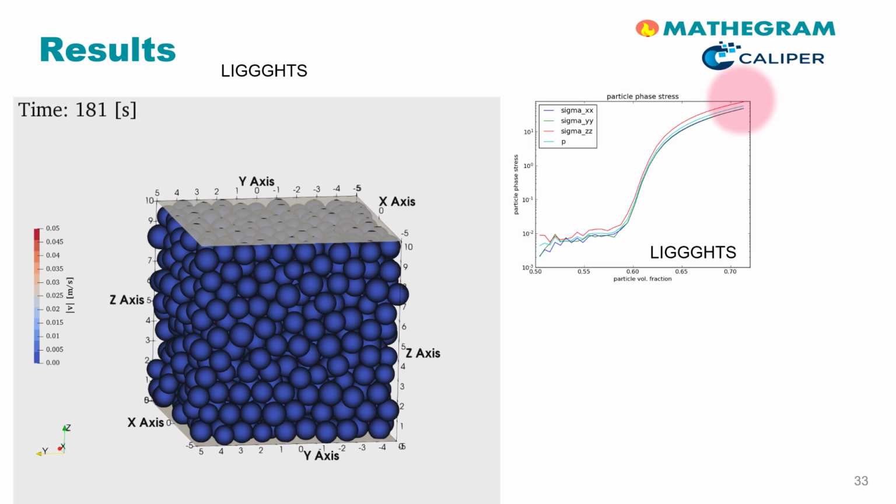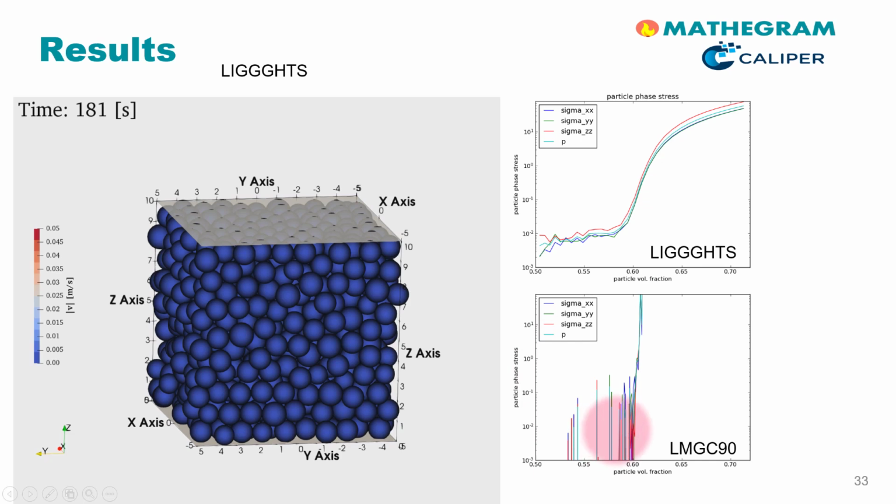The interesting question is now, what does the non-smooth DEM predict for this compaction process? And not surprisingly, we see that the LMGC90 code predicts strongly fluctuating stresses, reflecting the behavior of a system of infinitely stiff particles.